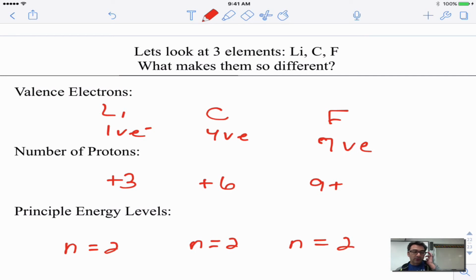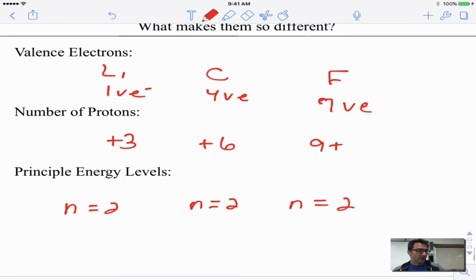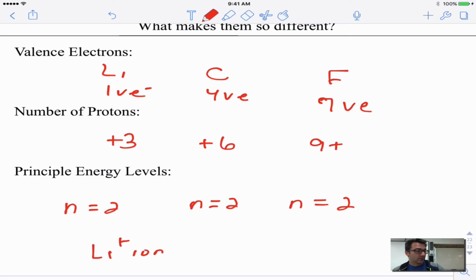And so what I want to leave you with is, when you look at this and we look at how they react, we see that lithium will tend to be a plus ion when it bonds and forms compounds. And we see carbon could go either way, plus or minus, and fluorine will always be minus. And so what I want you to think about is, why is that the case?